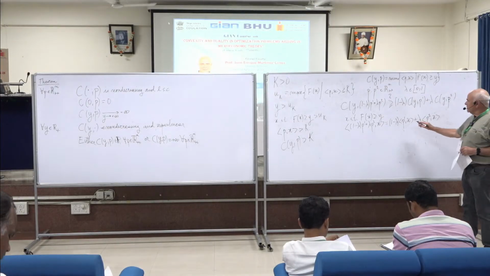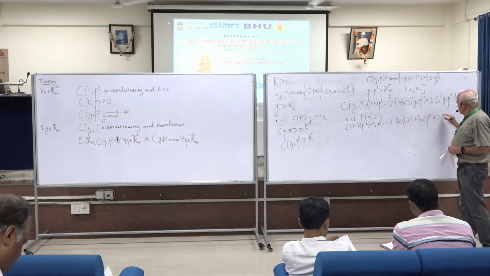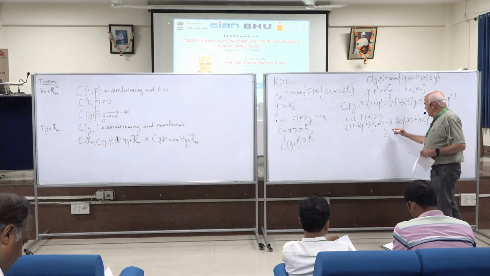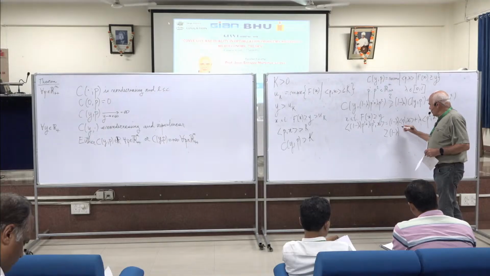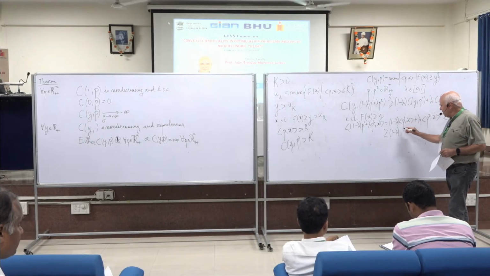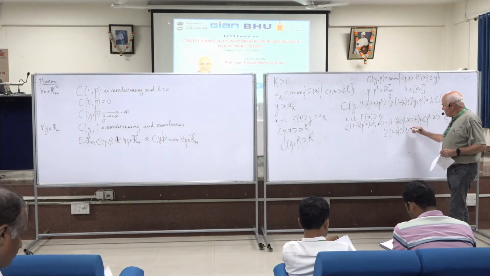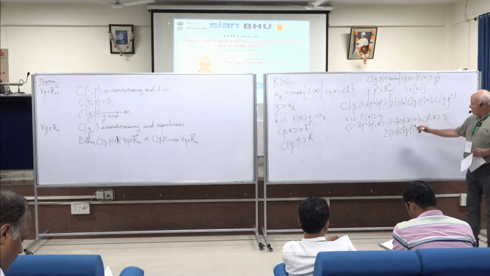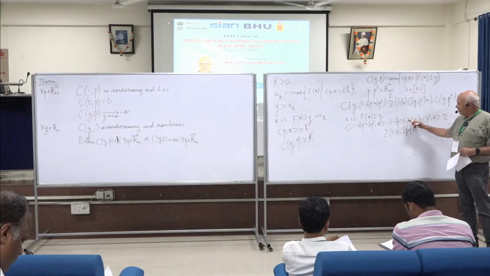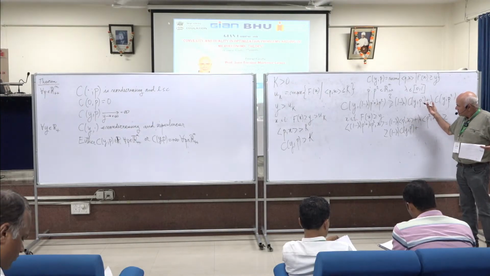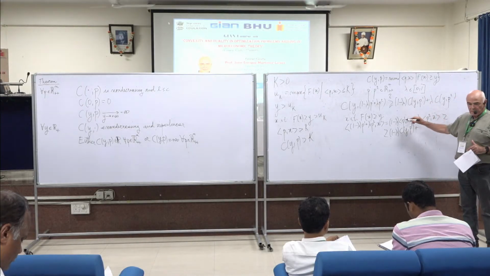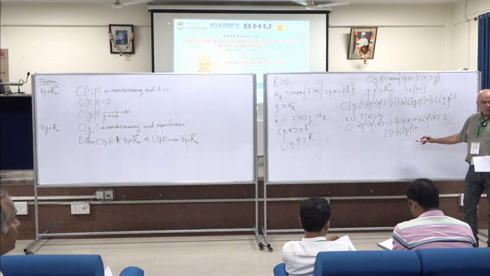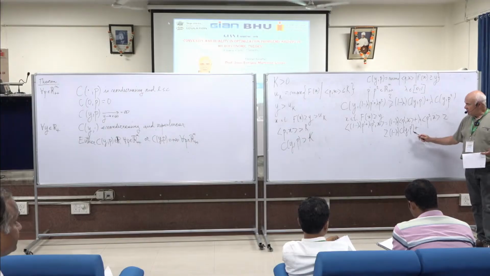But look, 1 minus lambda and lambda are non-negative. So we can replace here P1x with C of y P1, because P1 of x is a feasible cost under P1. So it's greater than the smallest cost, which is C of y P1.